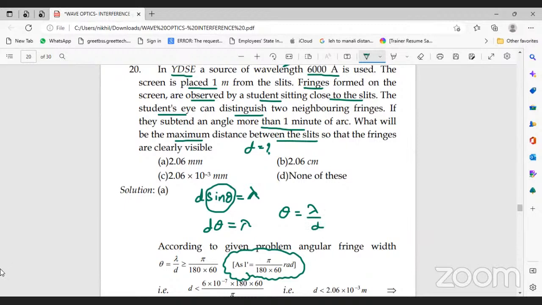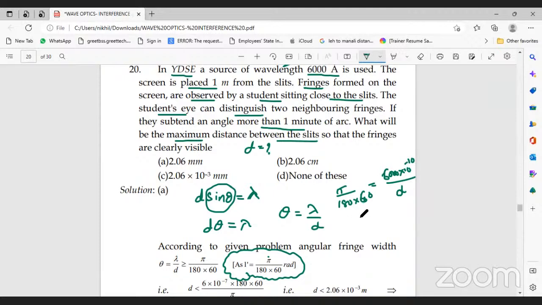Lambda by d. Theta is pi by 180 into 60, equals lambda, which is 6,000 angstrom, divided by small d.